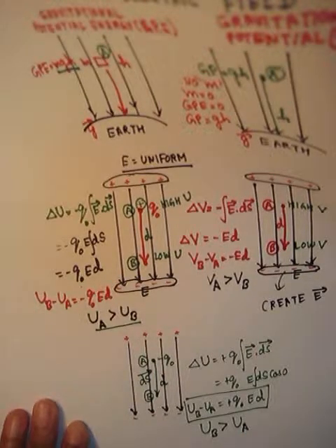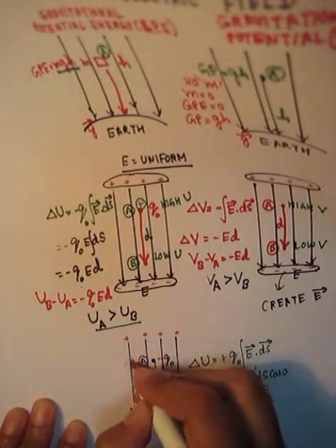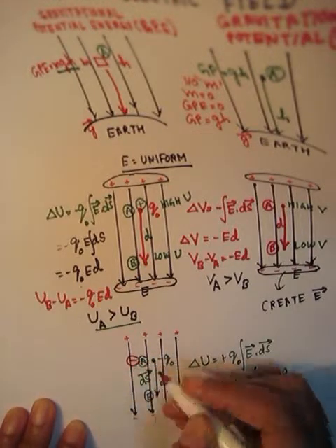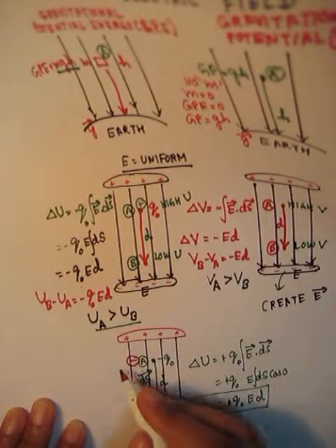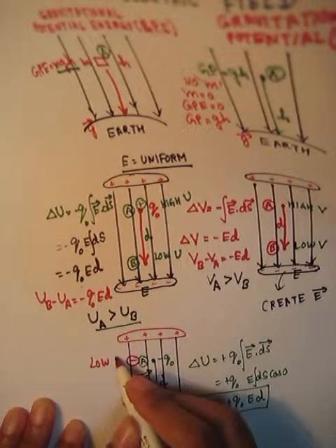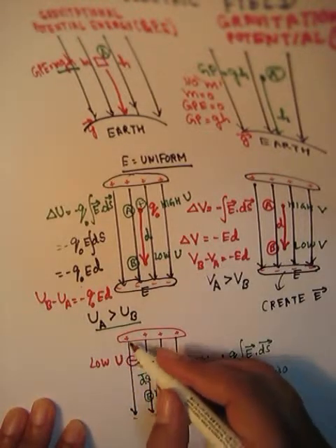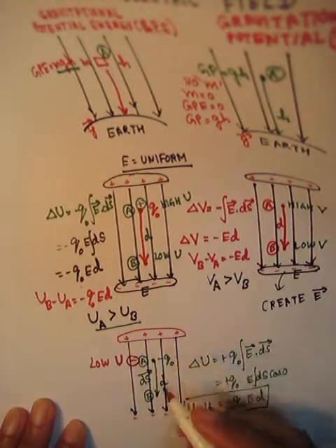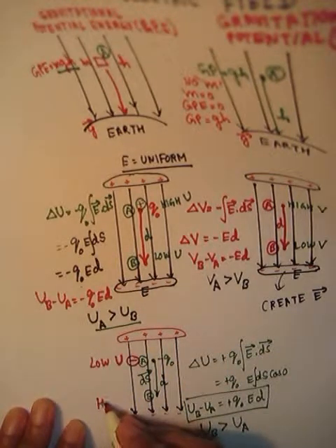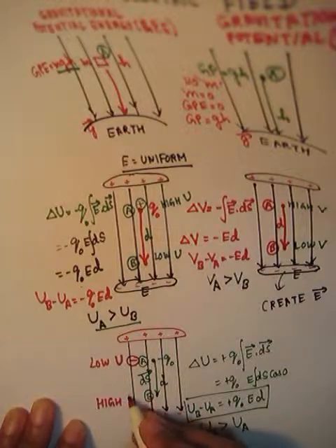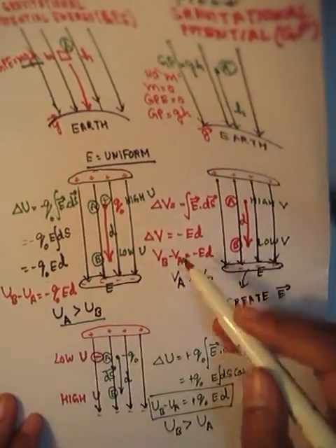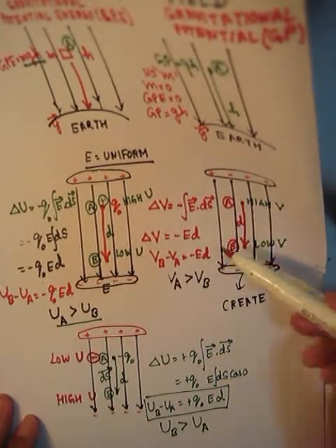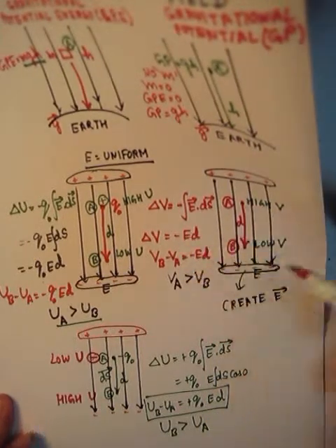So if it is a negative charge, it will have a lower energy when it is near the positive side of the electric field, and a high potential energy when it is away. Now if you compare these three, you see that potential is independent of charge.